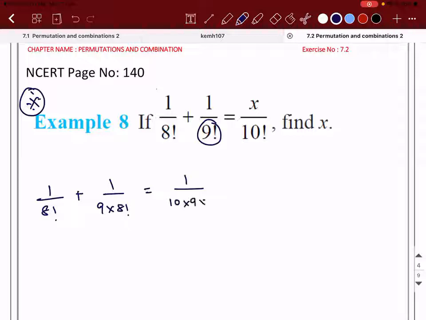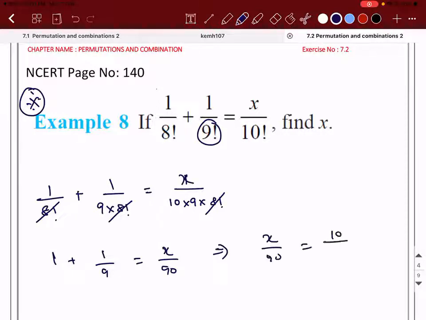Write it in terms of the smallest factorial. Now can I cancel this 8 factorial? So 1 plus 1 by 9 is equal to x by 90, which implies x by 90 is equal to 10 divided by 9. This goes 10 times. So x will be equal to 100. Correct? Right.